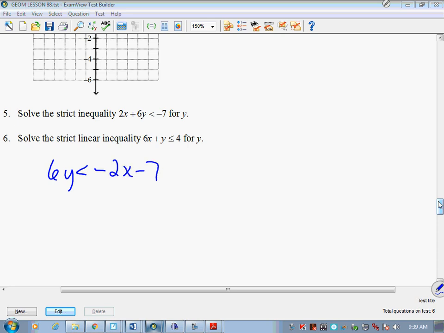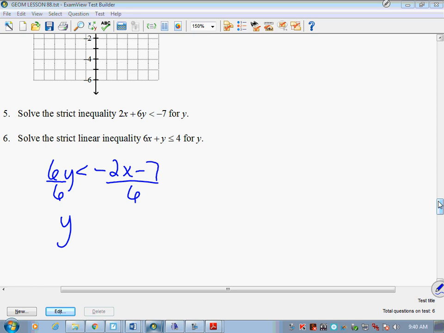You subtracted 2x from both sides. What do you do after that? Divide by 6 on both sides. All right, so do I change the sign? Yeah. I do? Why? Because it's negative. So you're saying because -2 divided by 6 is negative, we switch the sign?